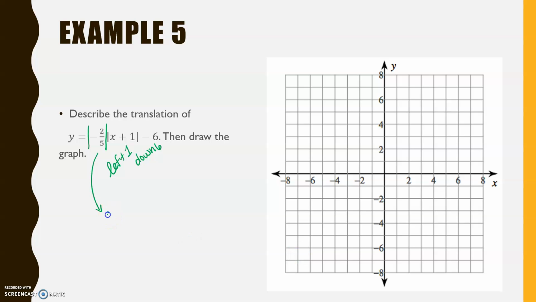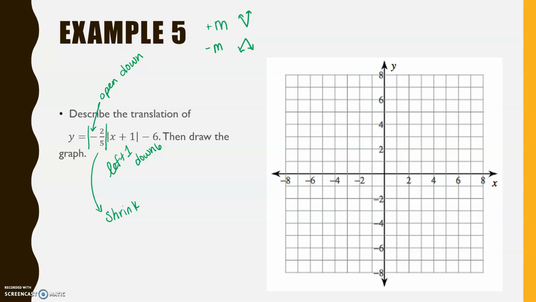So this is going to be a shrink. But it's also, because of this negative right here, it's going to open down. That's kind of the key. When that m is positive, it's going to open up. And when it's a negative m, it's going to open down.